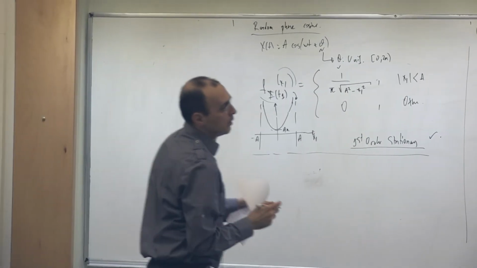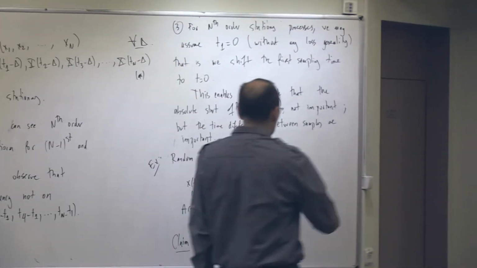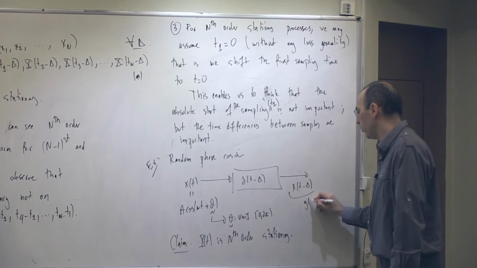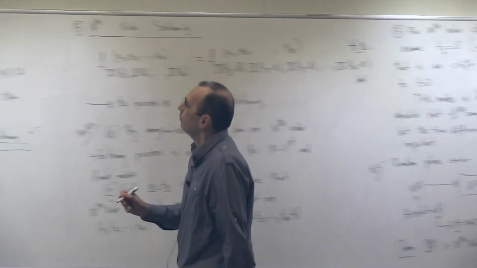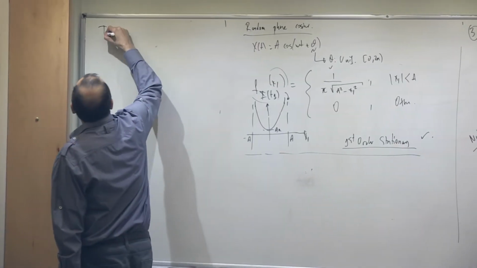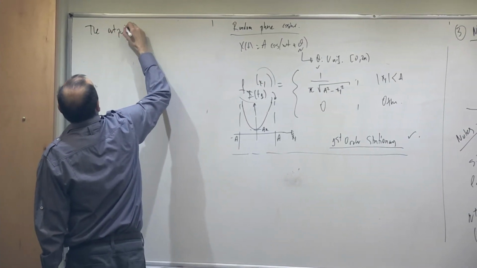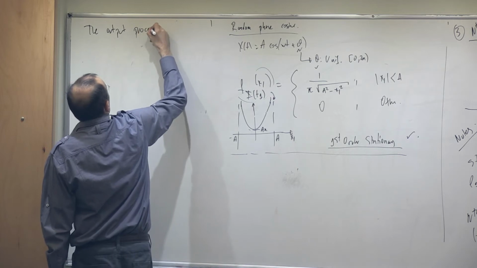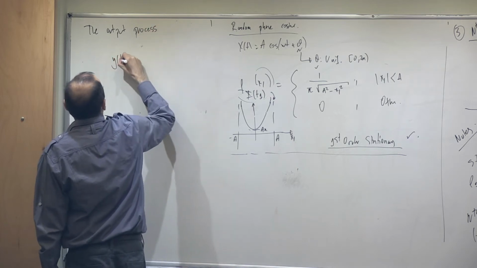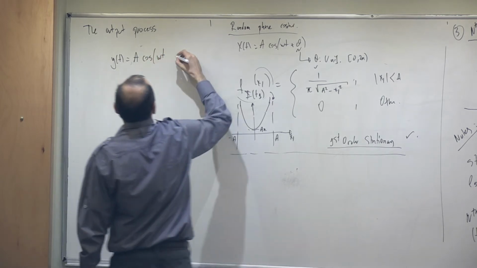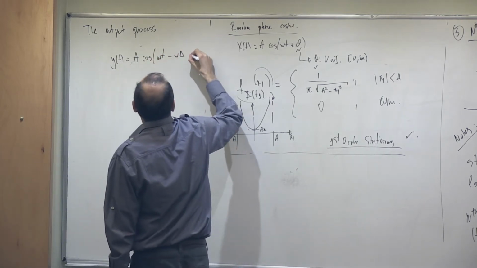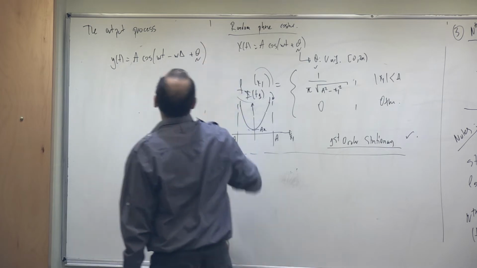Well, let me call this again y of t, output. The output process, y of t, a cosine omega t minus omega delta plus this.